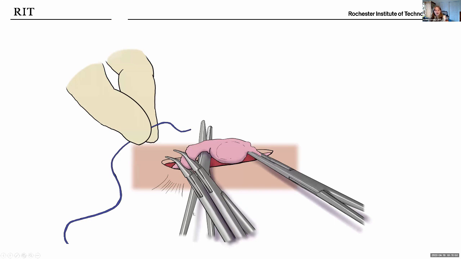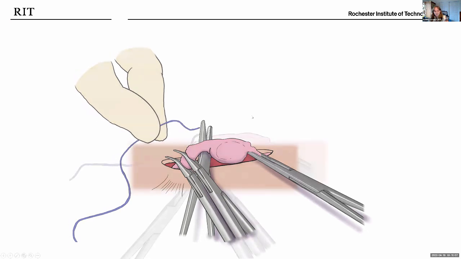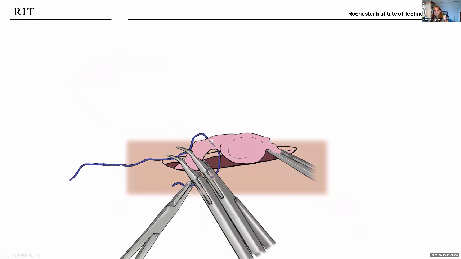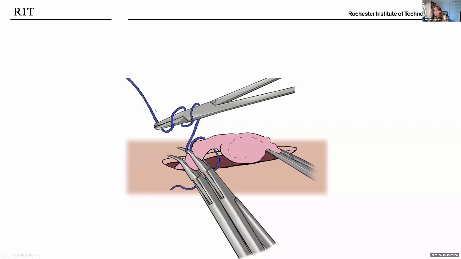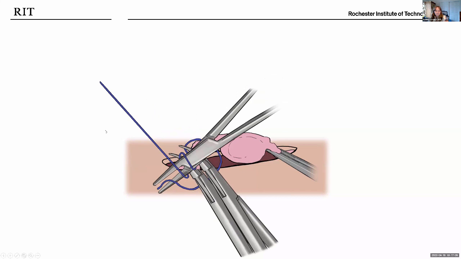So here we have the needle driver coming down and underneath the 2 clamps and through the window to grab the suture. The suture is then brought through the window and underneath the clamps. And then a surgeon's tie begins.